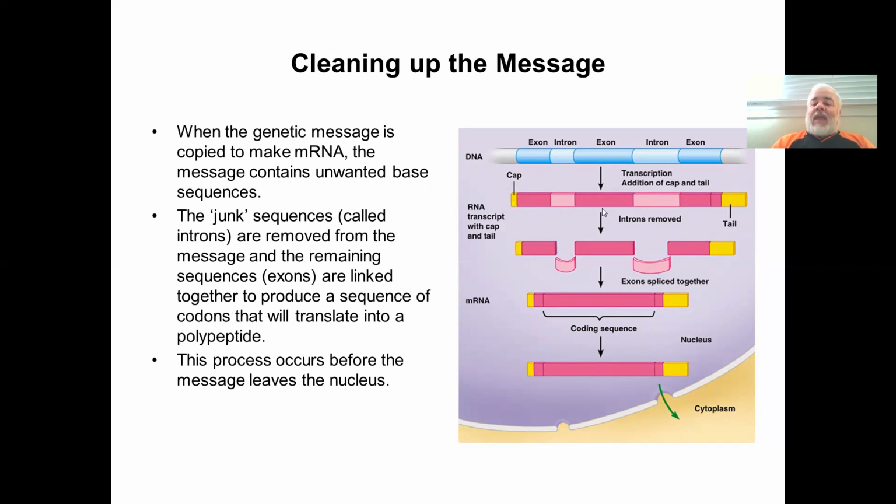Again, this is a more advanced concept, but you should know at the very least the simple idea that when DNA is transcribed into messenger RNA, the messenger RNA is not necessarily identical to the original gene, the original DNA strand. It could be modified. That much you should know.